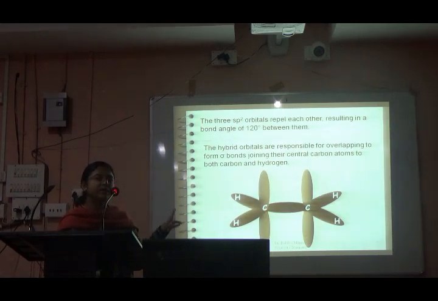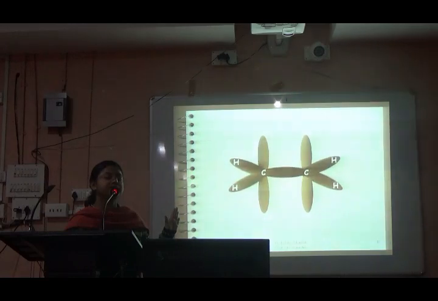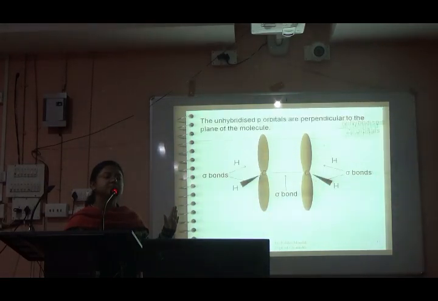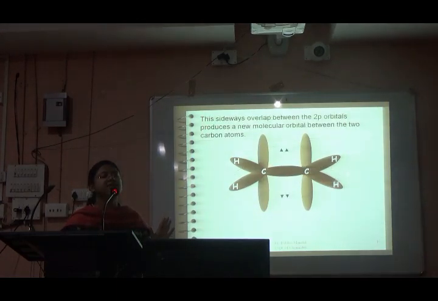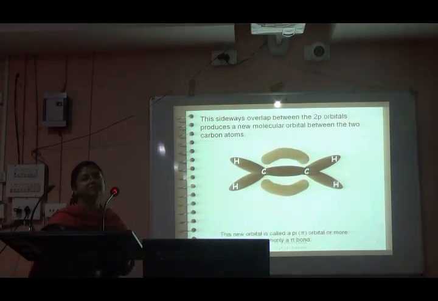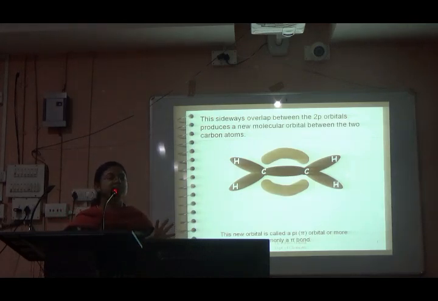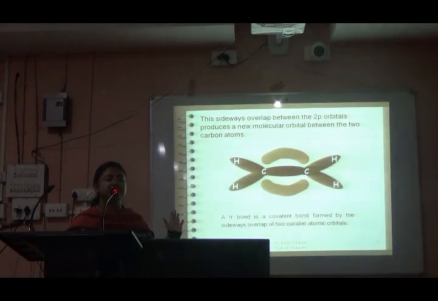So if these 2 orbitals overlap laterally, a pi bond results. The p orbitals of the carbons are always parallel and close enough for sideways overlap. In this pi bond, the electrons are not concentrated at a particular place, but they are moving around the pi bond, and this is the representation of a pi orbital.